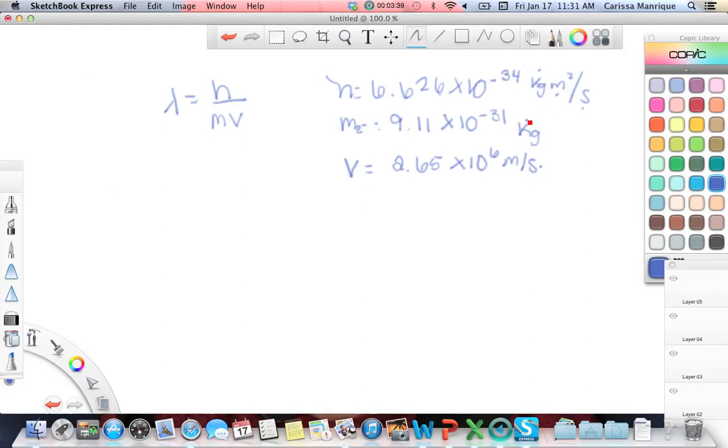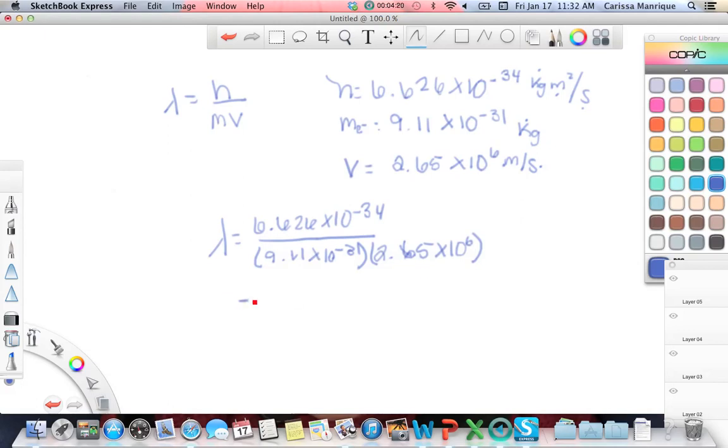So if we plug everything in, wavelength equals Planck's constant, 6.626 times 10 to the negative 34, divided by the mass, 9.11 times 10 to the negative 31, and our velocity, 2.65 times 10 to the 6th.